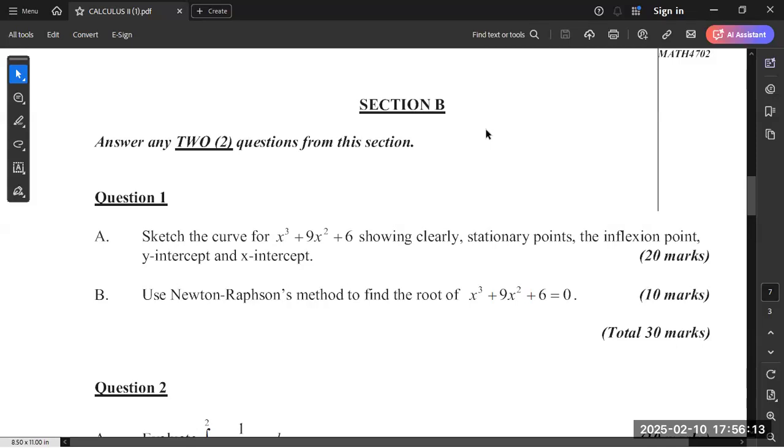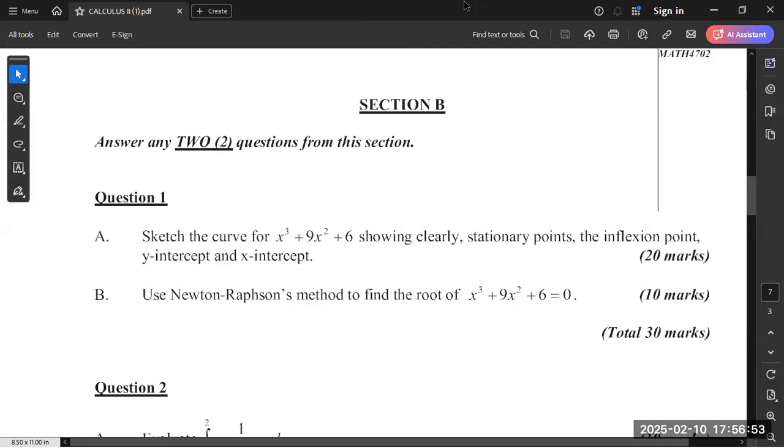If I try -4, -4 cubed is -64. Students, you're working too slowly with those values. -4 squared is 16, and 16 times 9 is 144, and 144 plus 6 is 150.